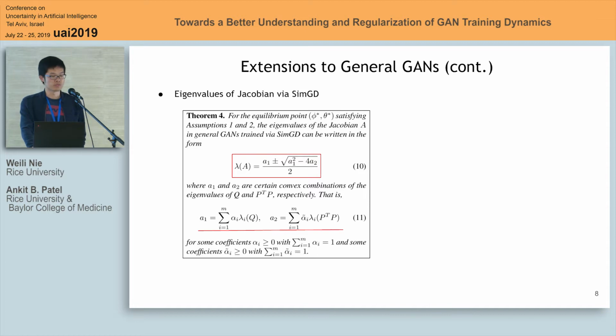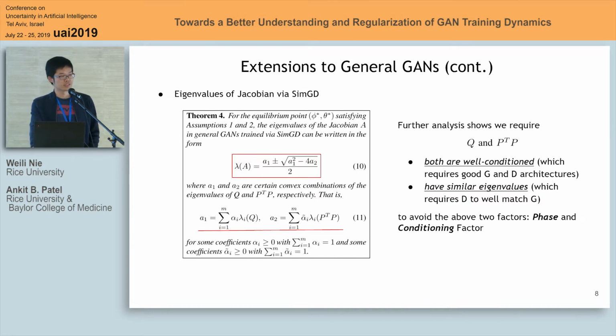The eigenvalues of the Jacobian trained by CMGD are provided in this theorem. Now the eigenvalue is a function of two scalars, A1 and A2. A1 and A2 are some convex combinations of eigenvalues of Q and P transpose P.